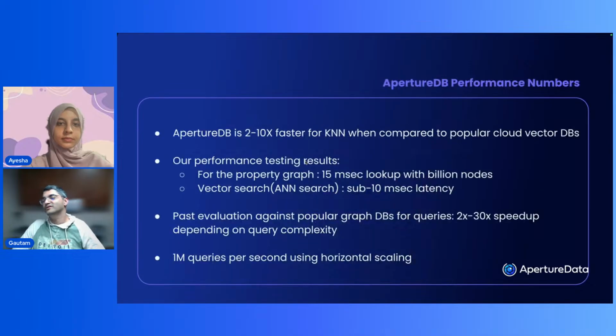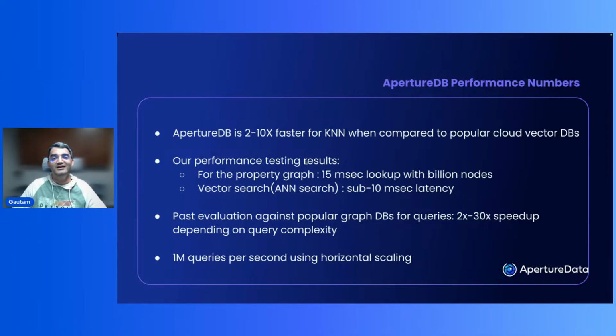Another thing is that we have tried ApertureDB for graph lookups for really huge graphs. They might not be very meaningful graphs, but they were big in numbers, and we could get some sense of how the performance scales. We have a 15 millisecond lookup with the billion nodes that we tried, and our vector similarity search has sub 10 millisecond latency.